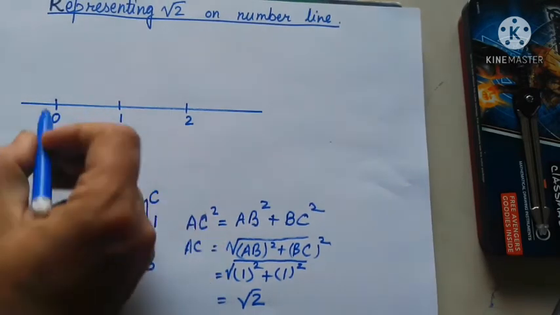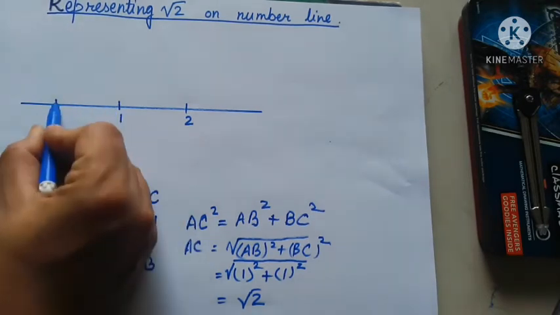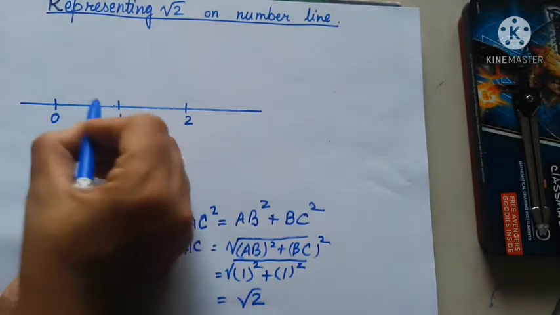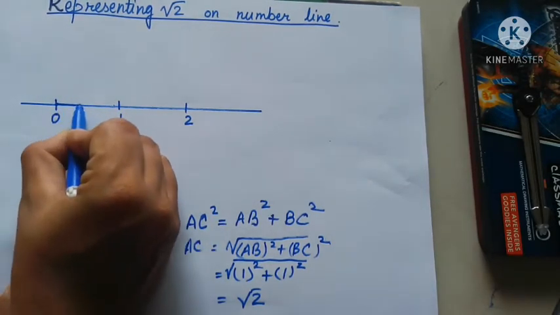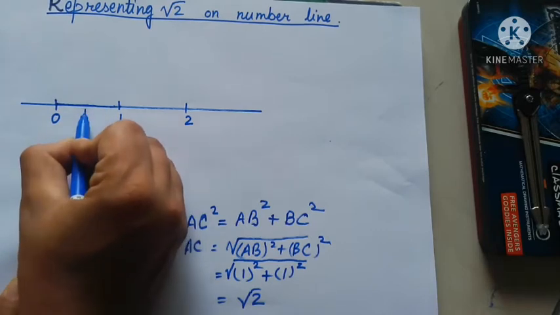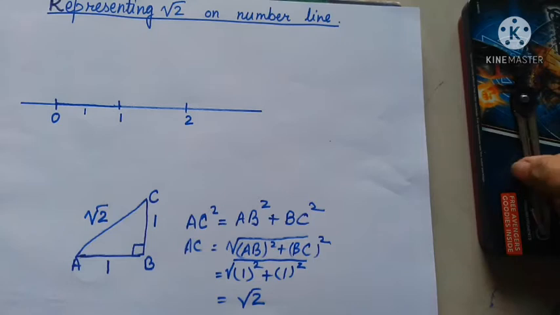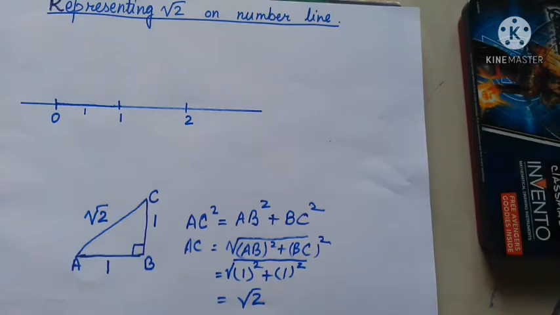So for that, what we will do, from here to here is 1 unit. Okay, from 0 to 1 over here, that is 1 unit. So this is my 1 unit. Similar to that, you have to take 1 unit in the right angle direction. Now for drawing right angle, you have many things in your compass box.